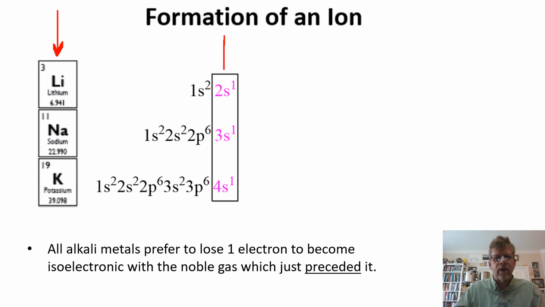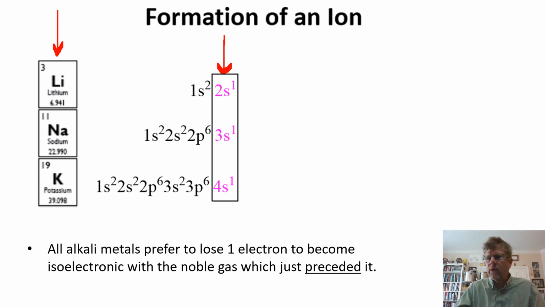The core electrons which precede them, as we see over to the left in black, don't matter. Why? Because they don't participate in chemical reactions. It is only those valence electrons in purple here that matter. And we found that each of them has an s1. It has one valence electron.